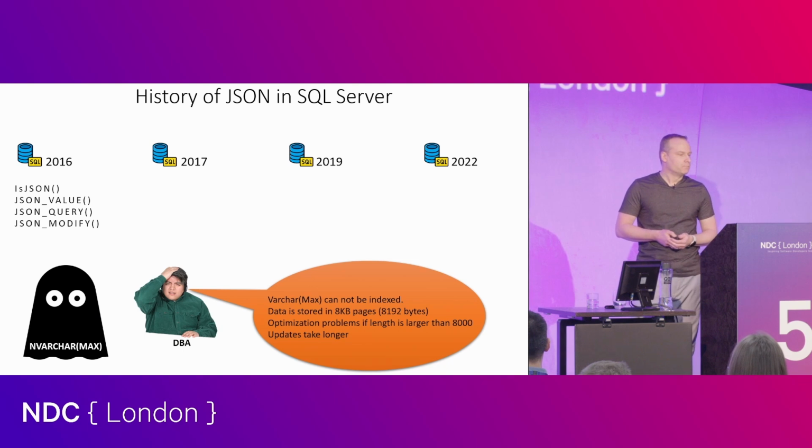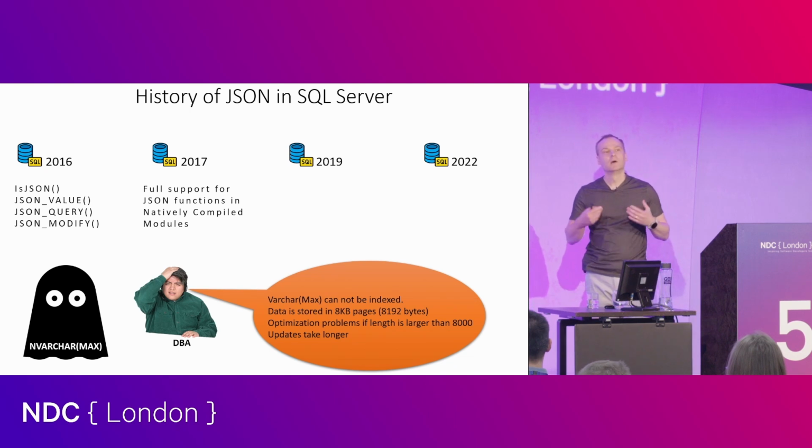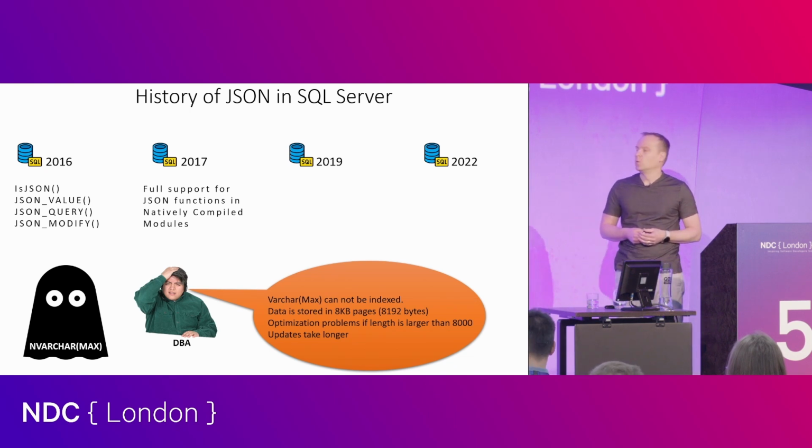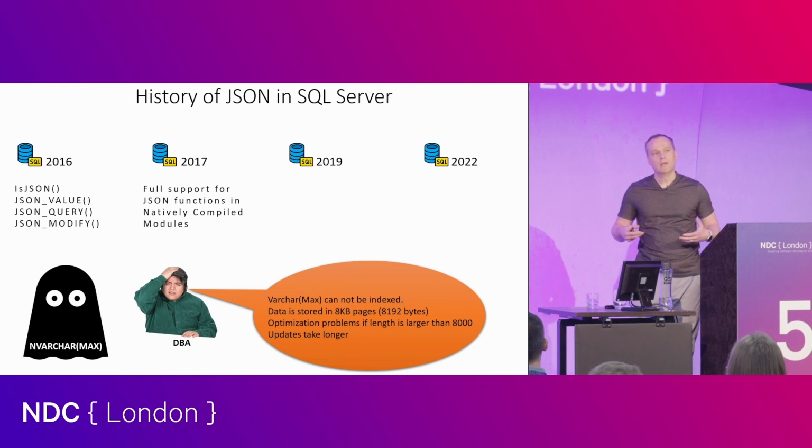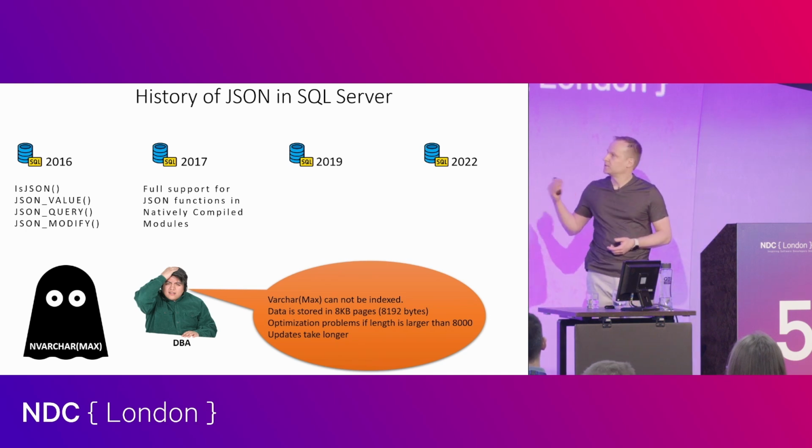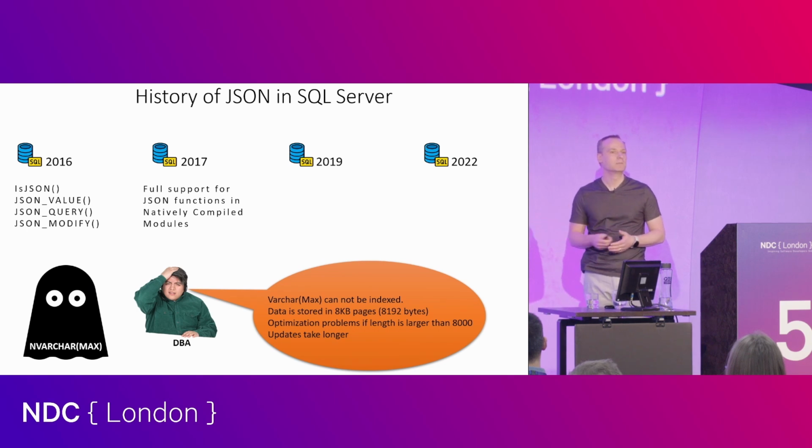From there, 2017 came up with some good additions. In SQL Server, you have memory optimized tables. In 2017, Microsoft added the JSON functions in memory optimized tables.